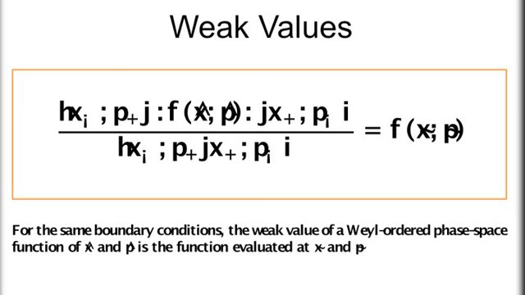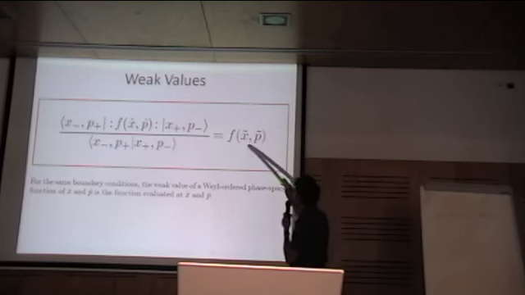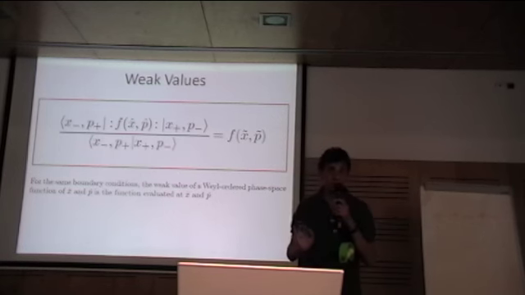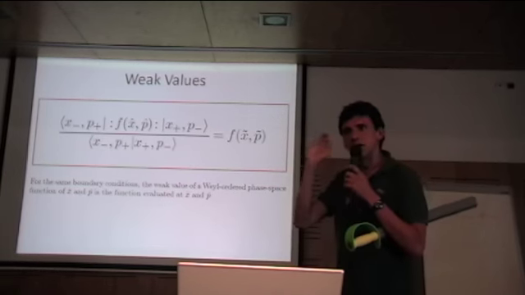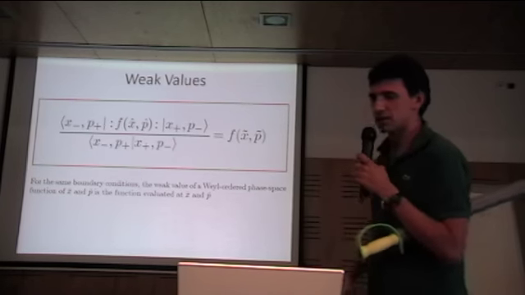So it turns out as a consequence, and with these two dots, basically what they represent is Weyl ordering, that if you look at the weak value of a phase-space function, it turns out to be the phase-space function itself evaluated at x tilde and p tilde. So with the same boundary conditions, you get the phase-space function evaluated at the same phase-space point, without any fluctuation terms or anything like that.